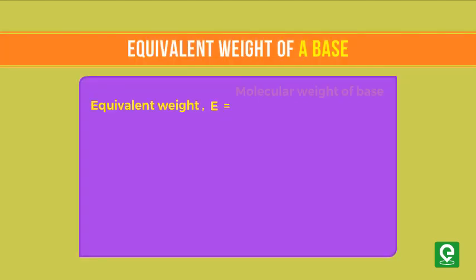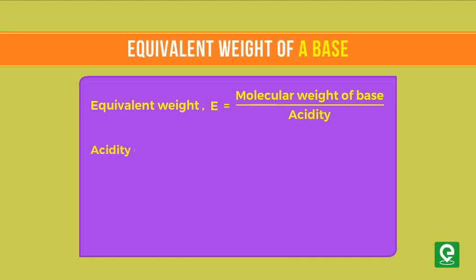Equivalent weight of a base. The valence factor of a base is equal to its acidity, which is equal to the number of ionizable hydroxyl ions OH- in its aqueous solution. For example, acidity of potassium hydroxide KOH is 1, whereas acidity of calcium hydroxide Ca(OH)2 is equal to 2.